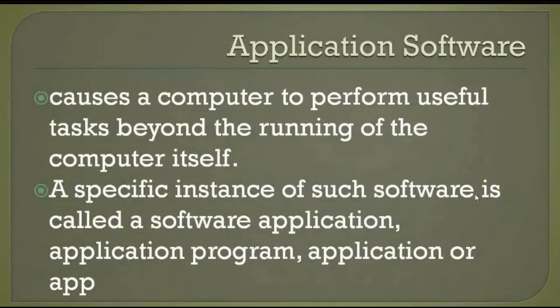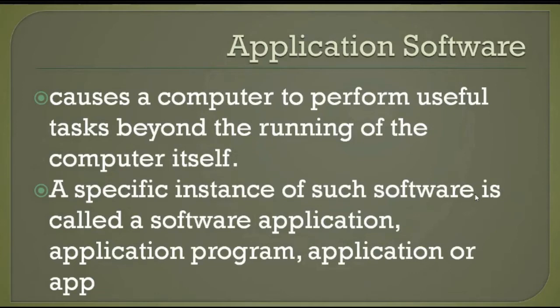Now today you are going to see about application software. So what is an application software? This application software causes a computer to perform useful tasks beyond the running of the computer itself. So operating system is also a software, but this operating system is necessary for running the computer. Apart from running the computer, what is the purpose of using computer?